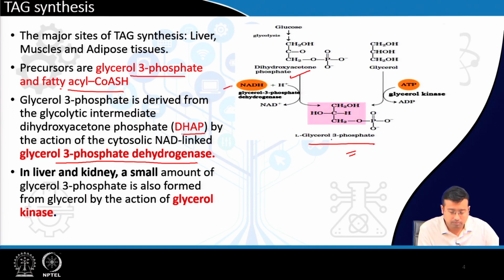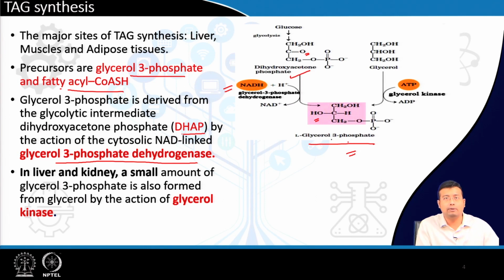NADH. NADH donates one H plus into the reaction. The keto group of dihydroxyacetone phosphate is reduced and replaced by an OH group, and this becomes glycerol phosphate.